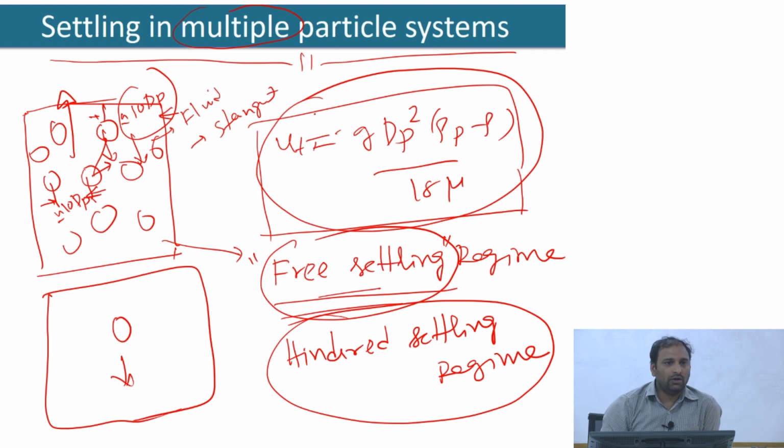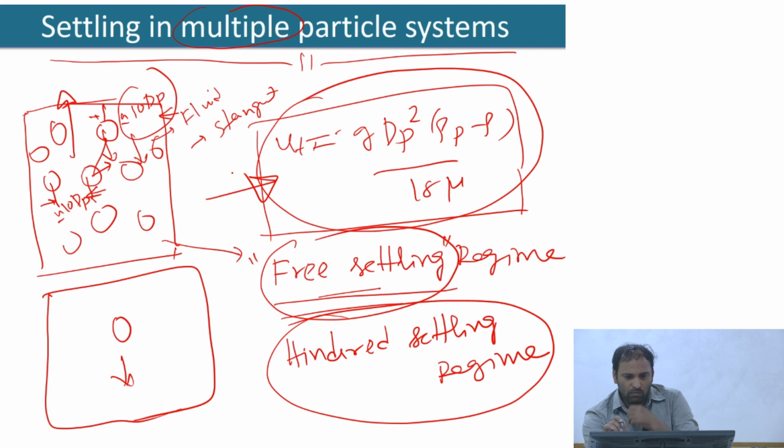I can work it out by assuming that the particle is settling in Newton's regime, or I can consider the Stokes regime. So the starting point is going to be again this equation, right? Now I have this equation, and I say that this is applicable for the Stokes settling regime.